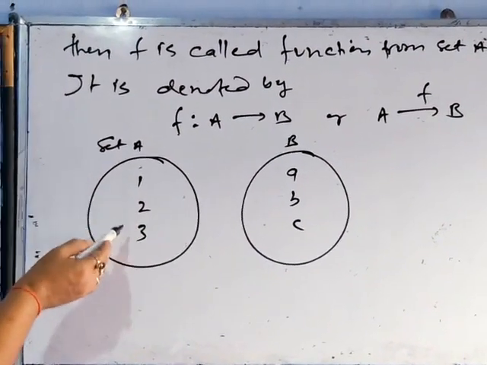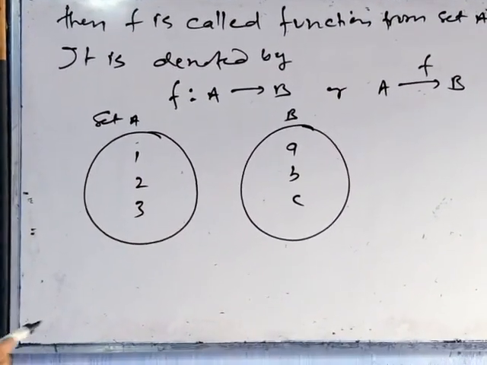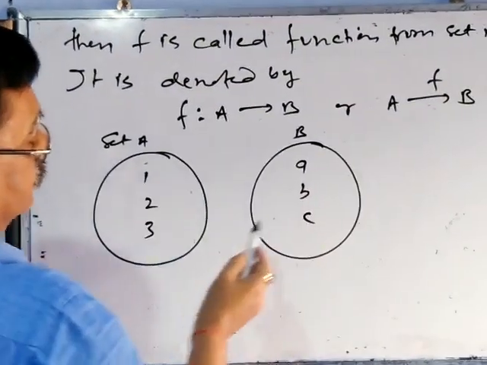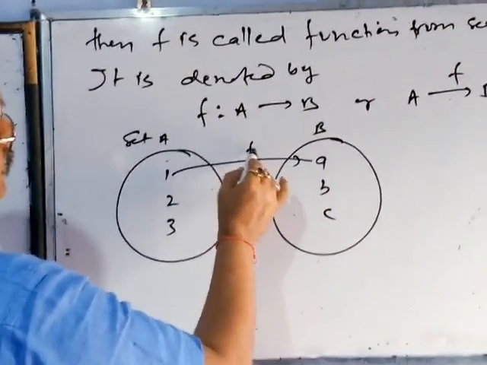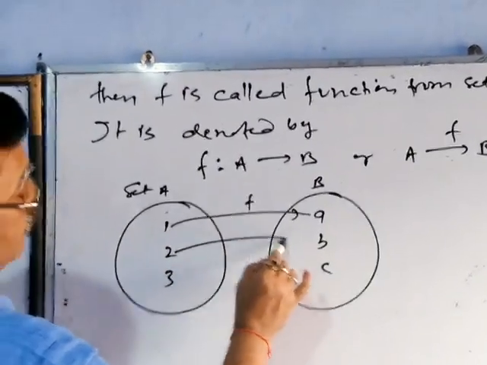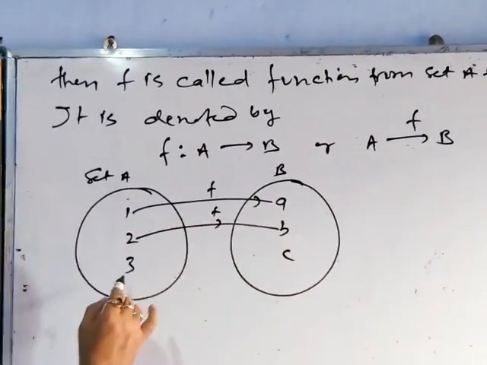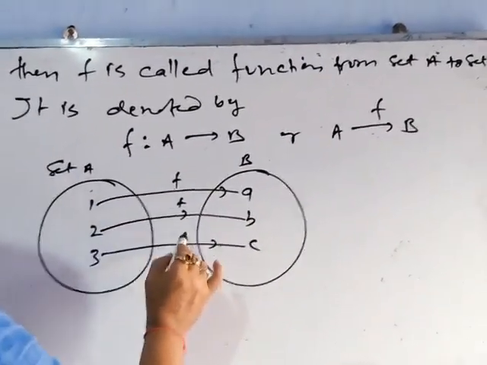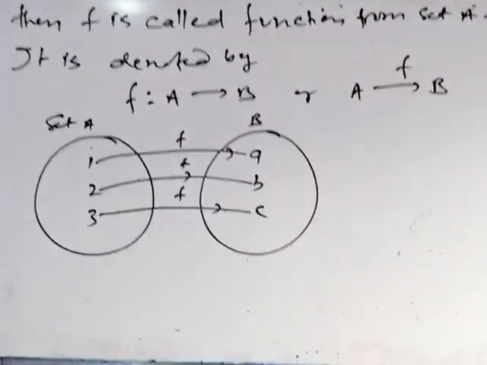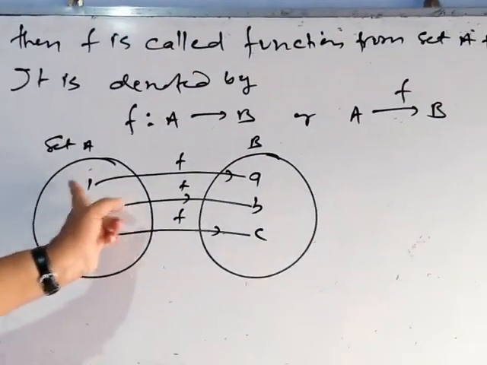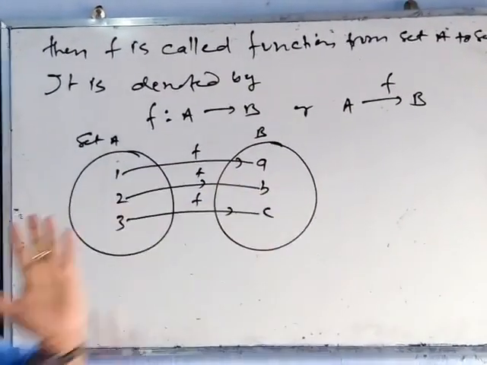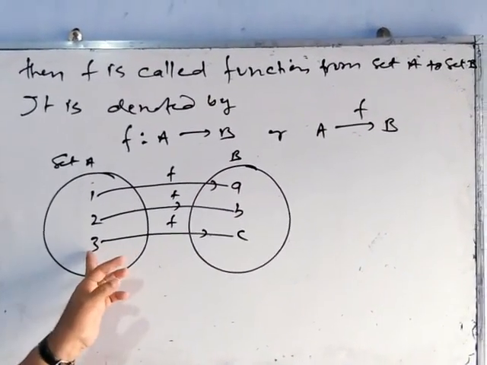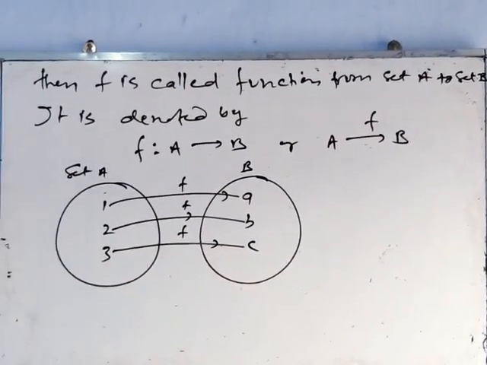So 1 is related to a under function F, 2 is related to b under function F, 3 is related to c under function F.